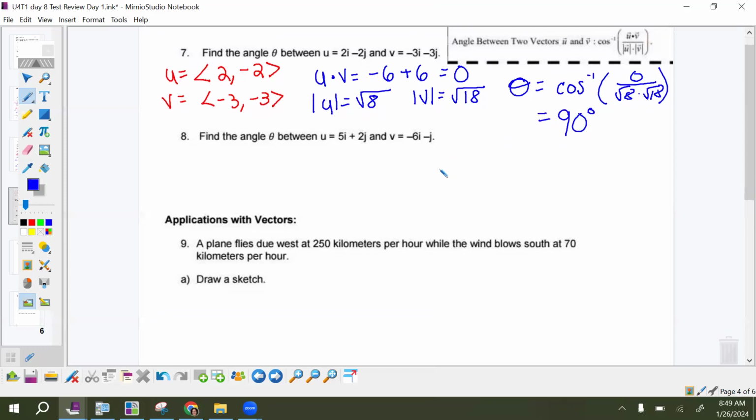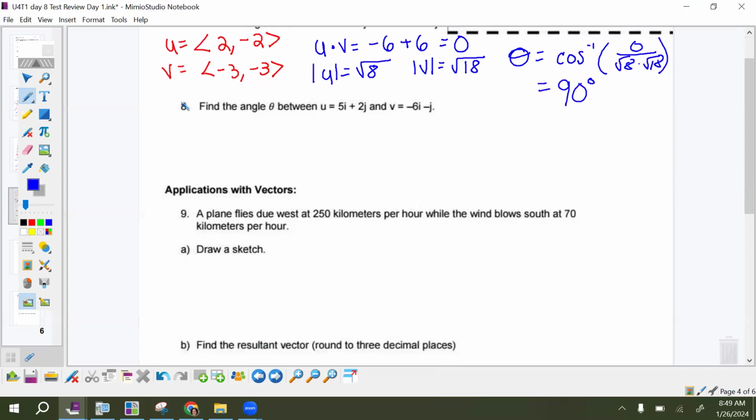All right, let's do that again with number 8. Okay, dot product 5 times -6 plus 2 times -1.